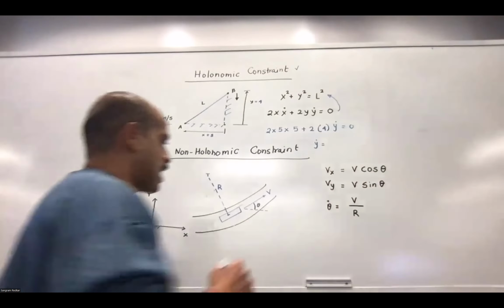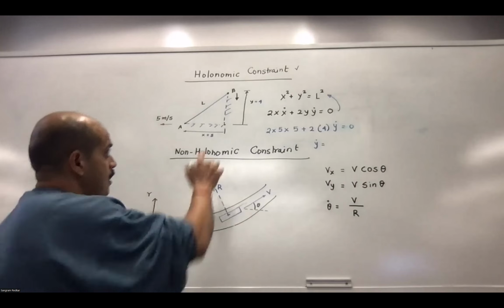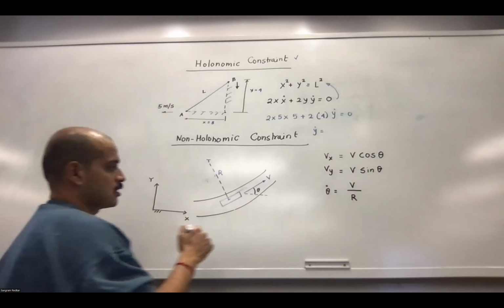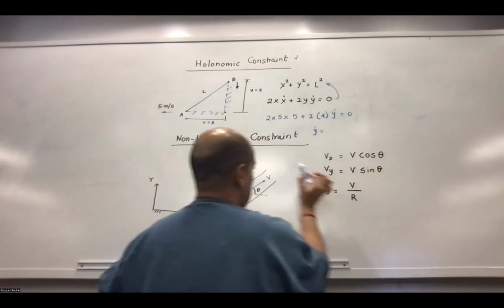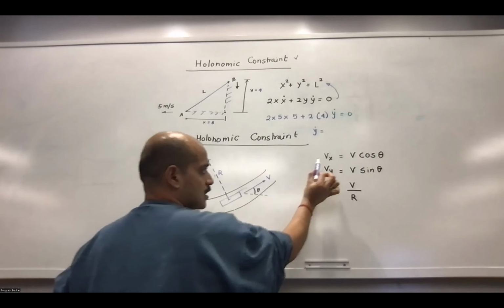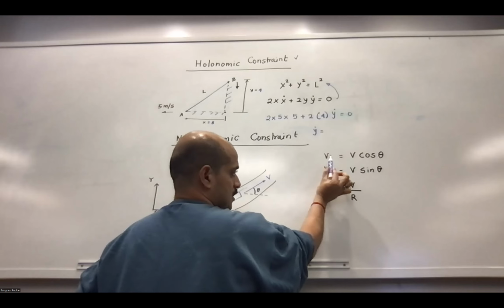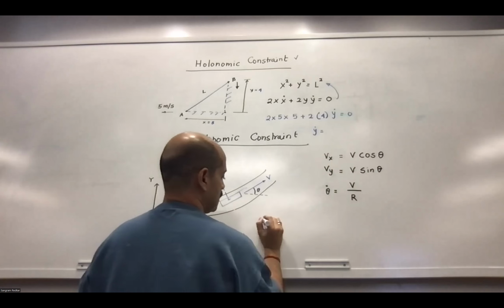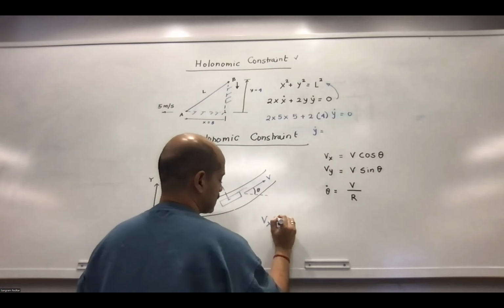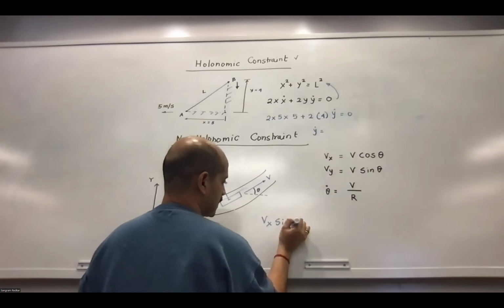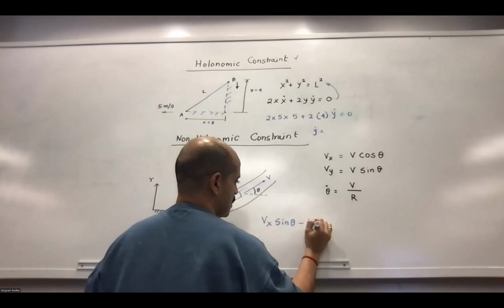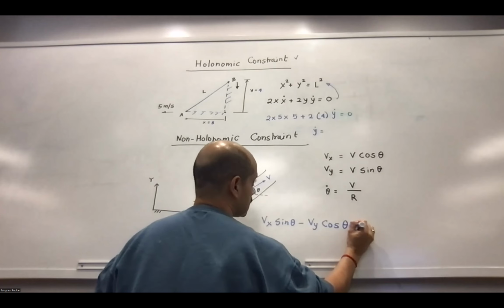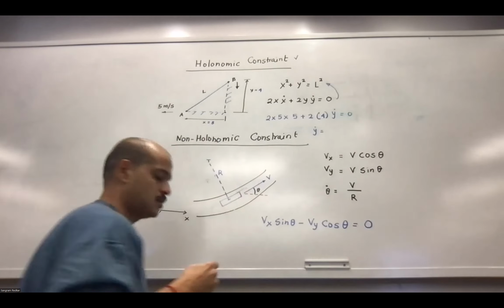Now I want to ask you this question. The way I have derived the constraint over here, and this is an important question, I can also write a constraint on the derivatives. Vx is the derivative. I can write Vx sine theta minus Vy cosine theta is equal to 0.